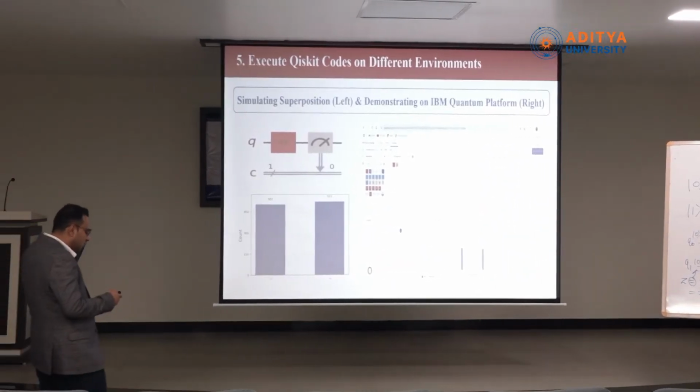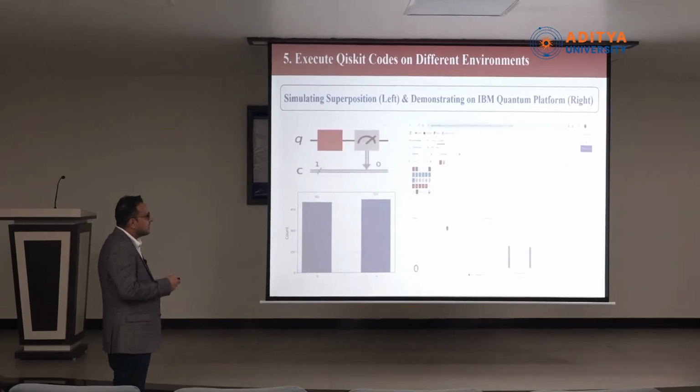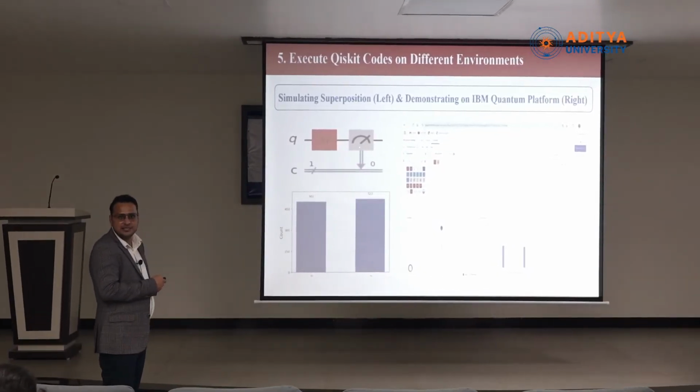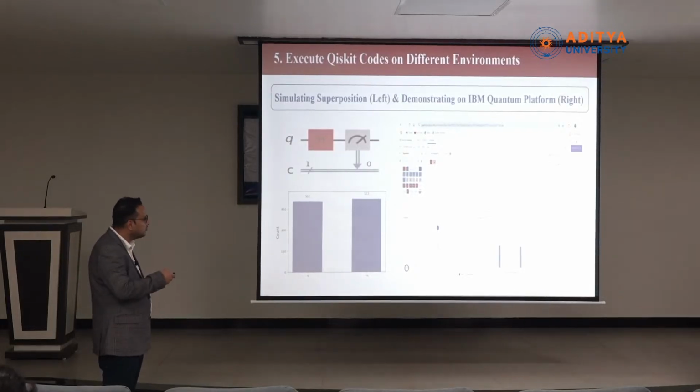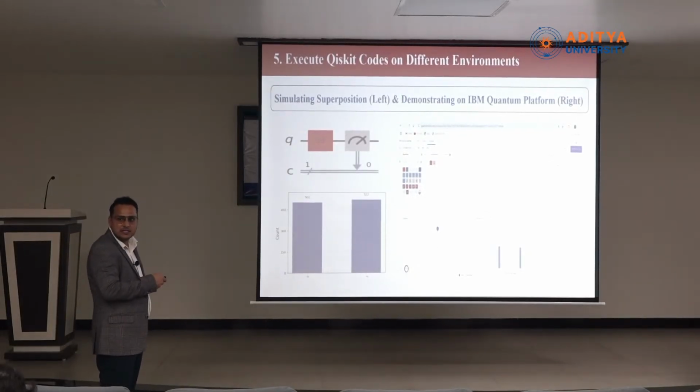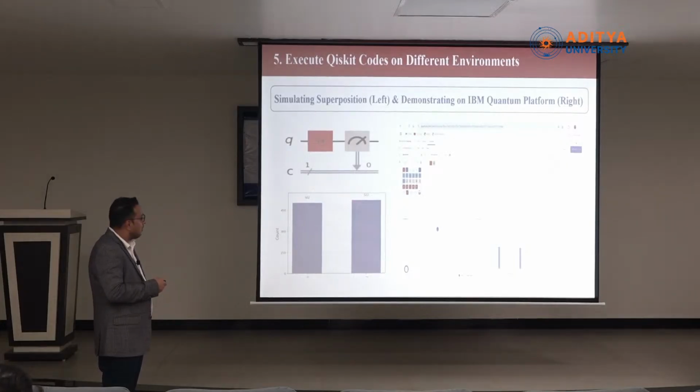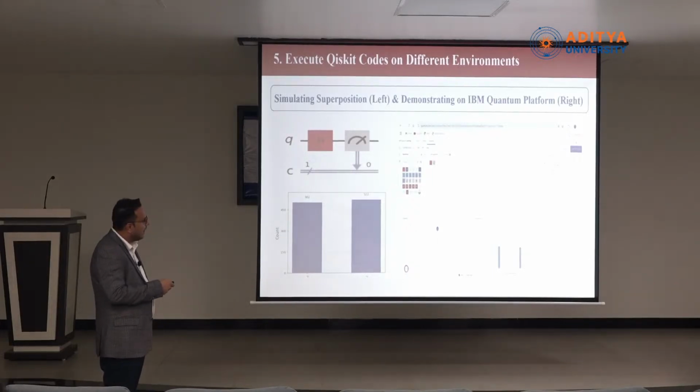So now here you look, this is the simple circuit. I created this circuit, shared the file, and you have already executed it. Out of 1024 runs of the same circuit, in this random experiment, 502 times I observed 0, and 522 times I observed 1.